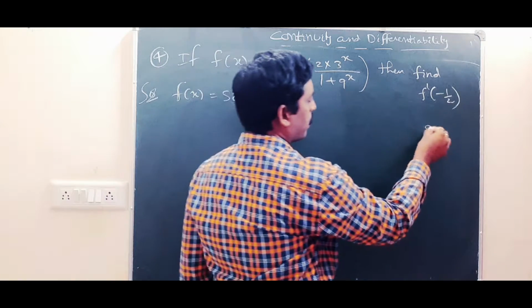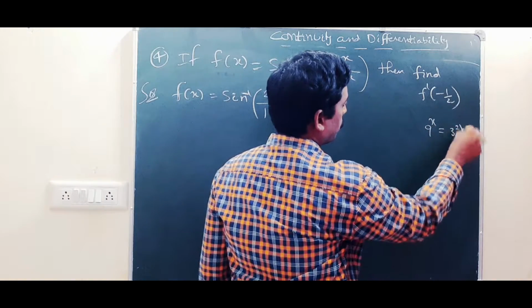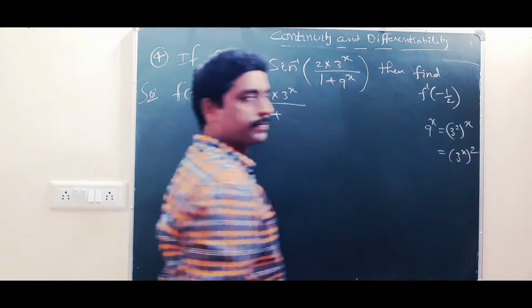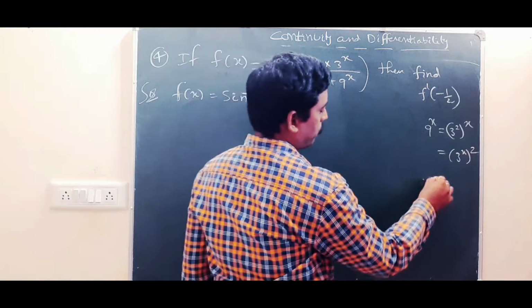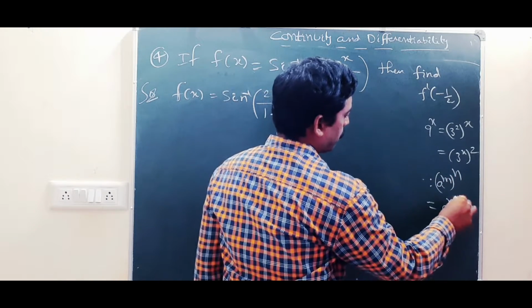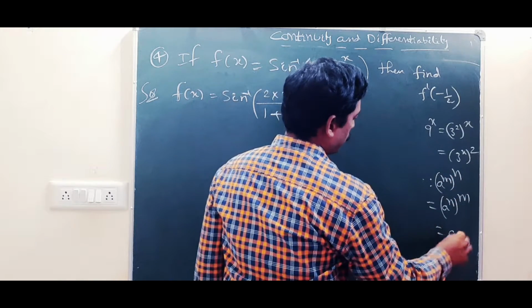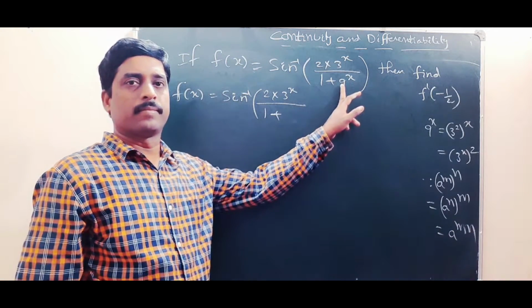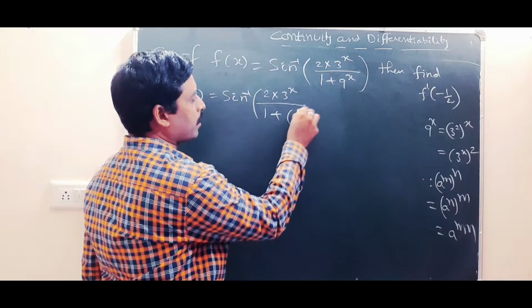So 9 to the power x can be written as 3 square power x. This is nothing but 3 to the power x whole square. We have a to the power m whole power n is equal to a to the power n whole power m, equal to a to the power mn. Okay, so 9 to the power x can be written as 3 to the power x whole square.